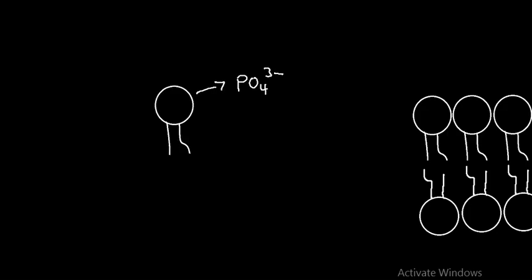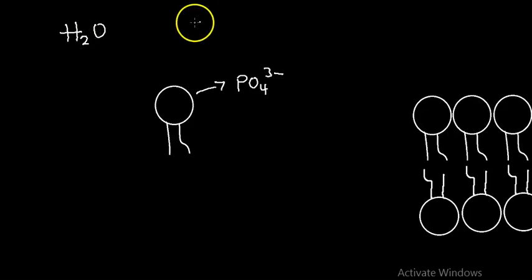A quick review also on water. Remember, water has a formula of H2O. So it consists of 2 hydrogen atoms bonded to a single oxygen atom through covalent bonding. Basically, we said the oxygen has a slightly negative charge while the hydrogen atoms have slightly positive charges.